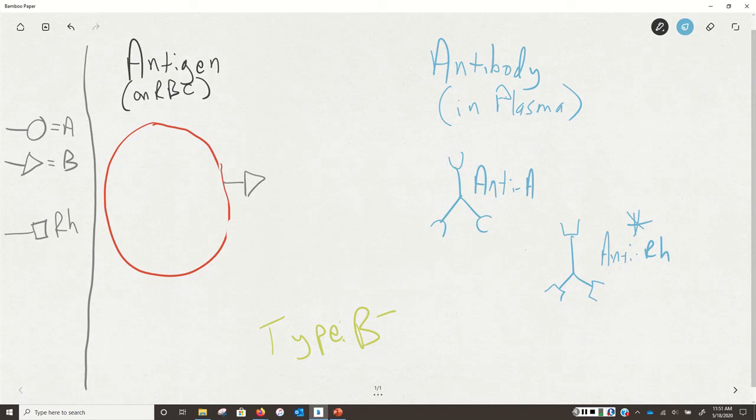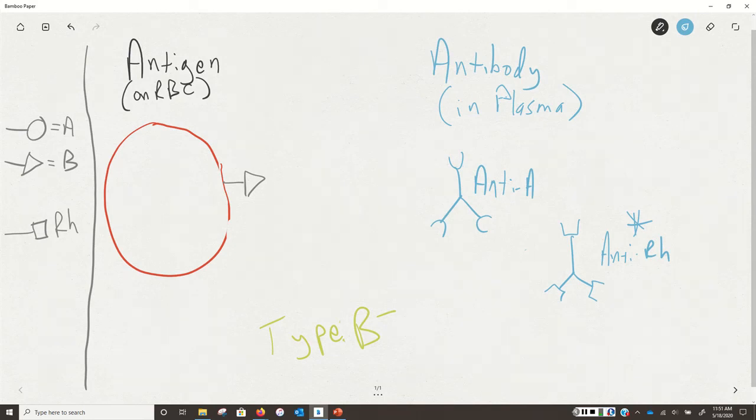But if the Rh positive boy's blood now comes into contact with him, he has been exposed to the Rh antigen. And he will start to make anti-Rh antibodies, and he will then have those anti-Rh antibodies for the rest of his life. Not really a big deal in that case.